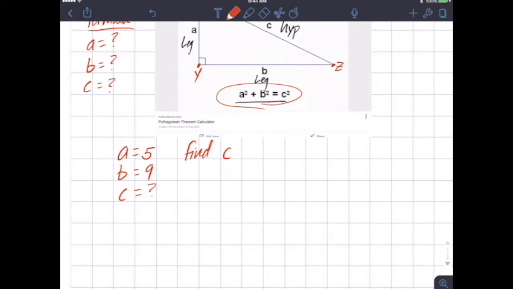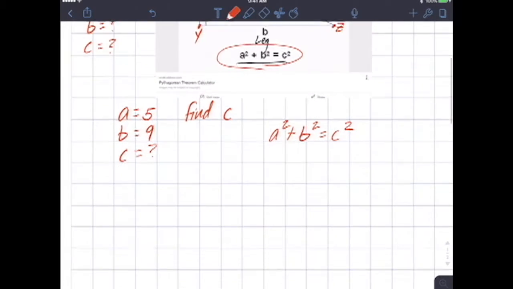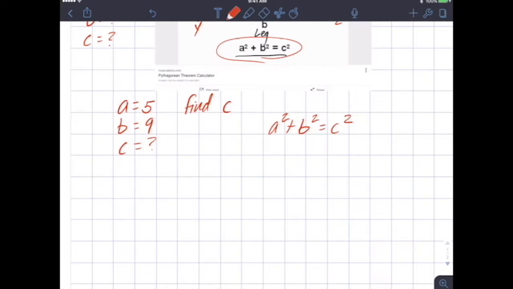And I always like to write the formula of the theorem first. A squared plus B squared equals C squared. Okay, so we know that A is 5 squared plus 9 squared equals C squared.